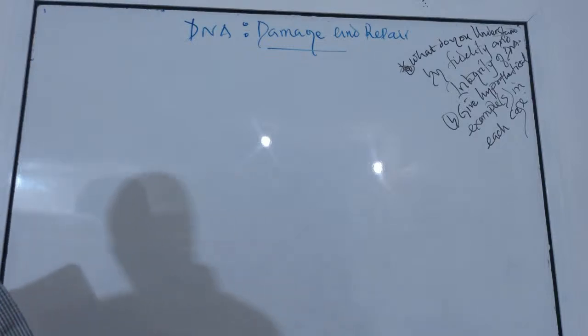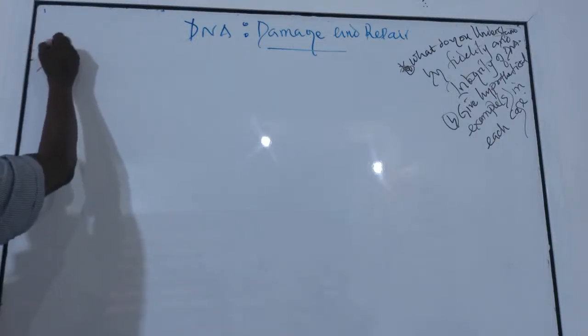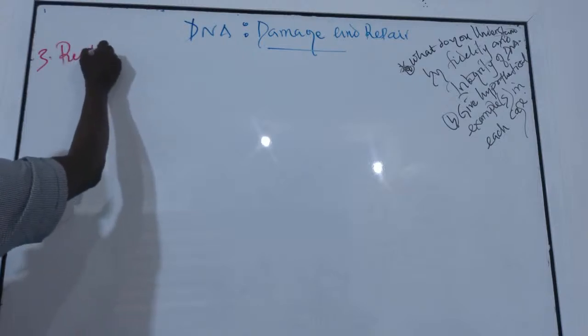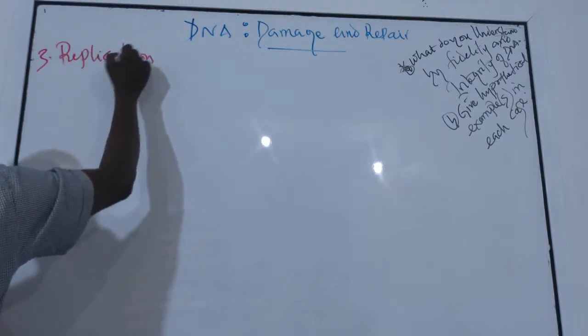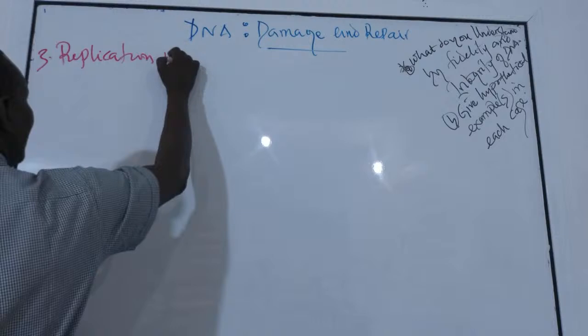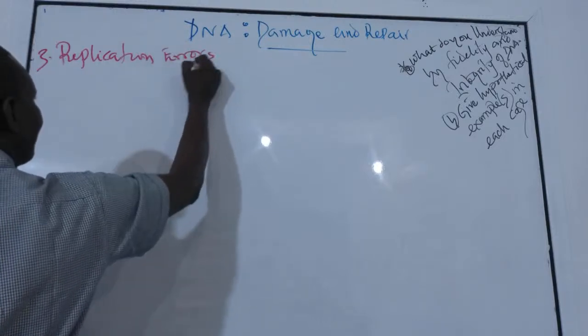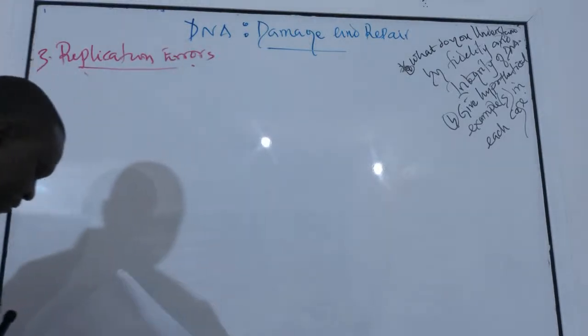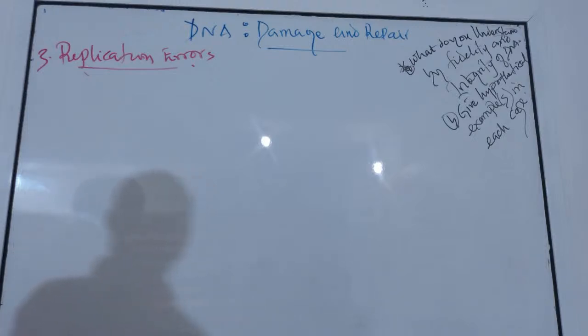So let's consider replication error. Error that is due to the normal way of life of DNA. The normal procedure, the normal activity, is that every DNA must be able to undergo replication. I have mentioned it several times, even in this lecture.